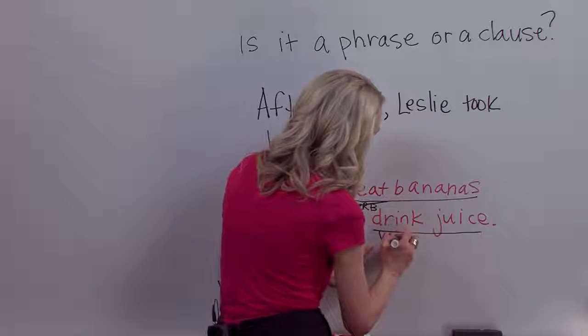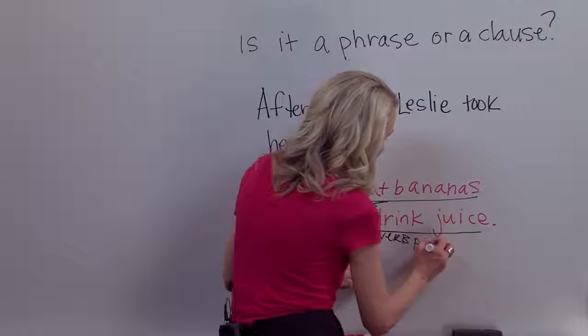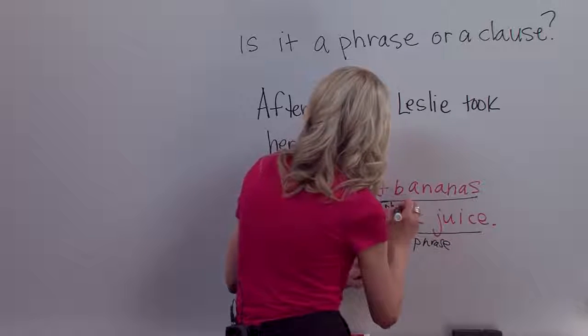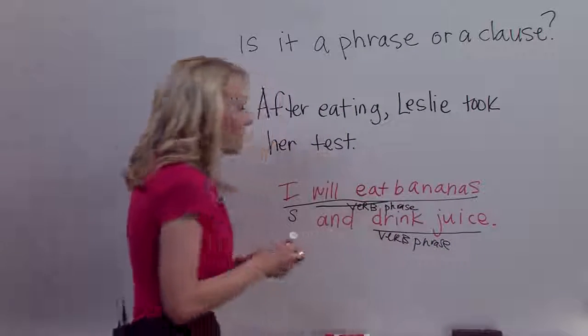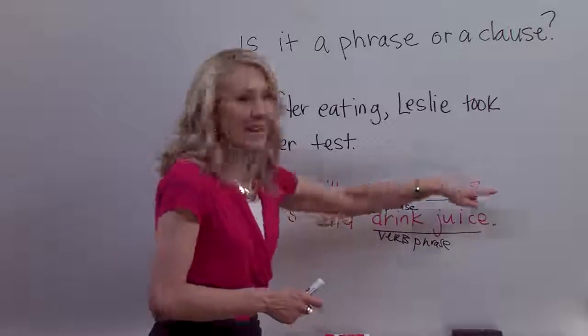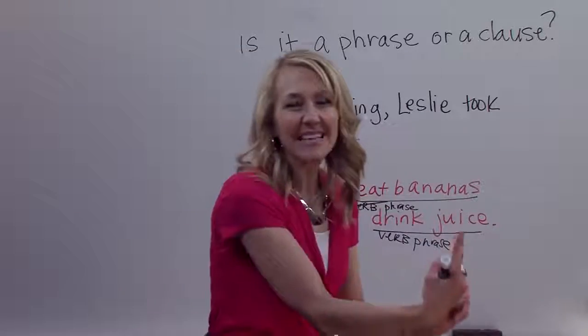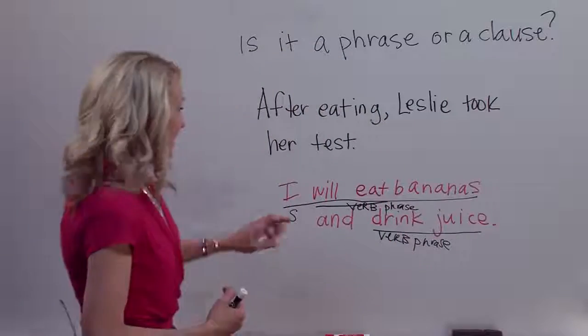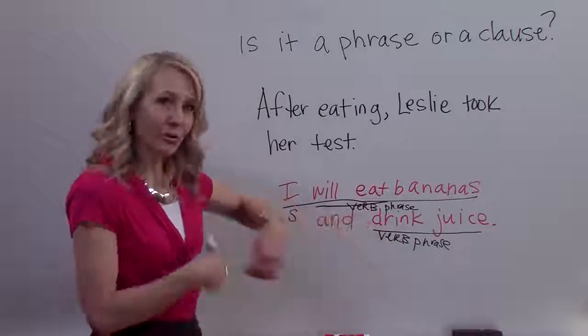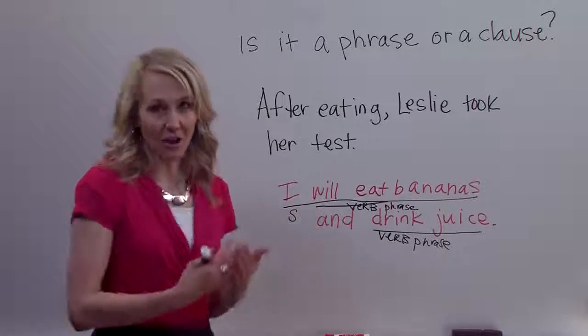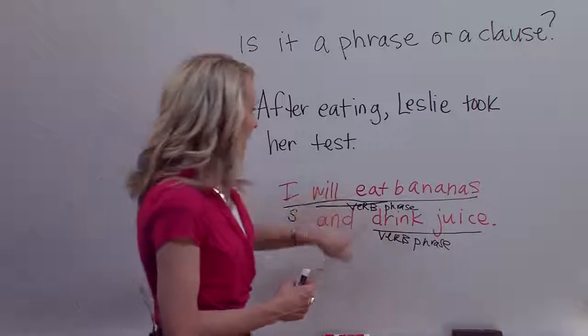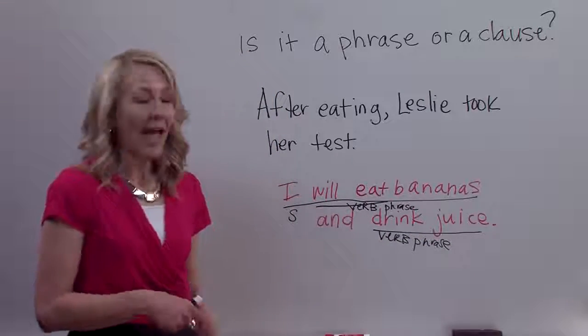It's another verb phrase. So remember, I will eat bananas and drink juice. That is one single clause because it has a subject and a verb. You can have multiple verbs in the clause.